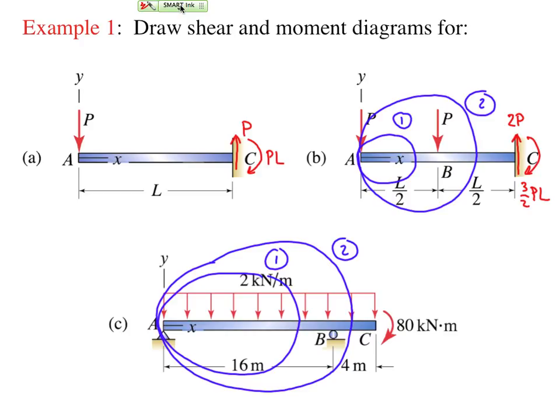In contrast, we absolutely need the reactions for A and B as a precursor to finding internal loads for problem 1c.